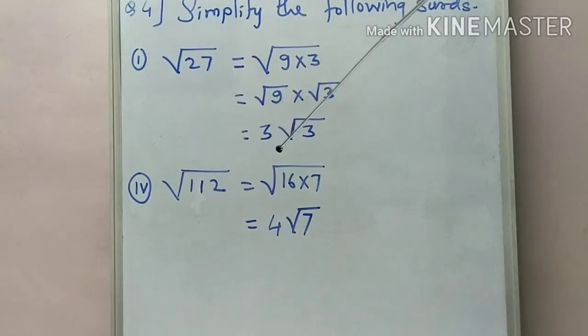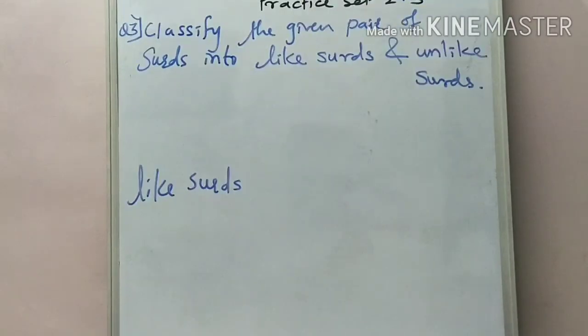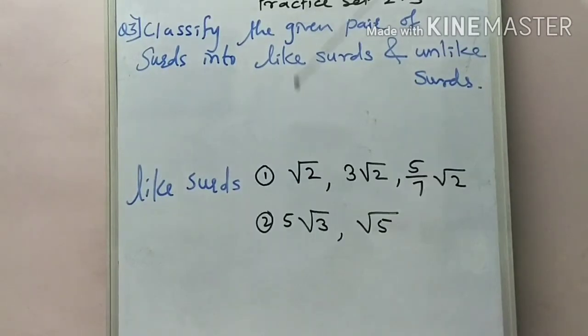Okay, and now we solve this third question. Question is, classify the given pair of surds into like surds and unlike surds. Here first we have to understand the concept of like surds. What is like surds? Pay attention over here. I am taking two examples. The first one has 3 surds: root 2, 3 root 2 and 5 upon 7 root 2.